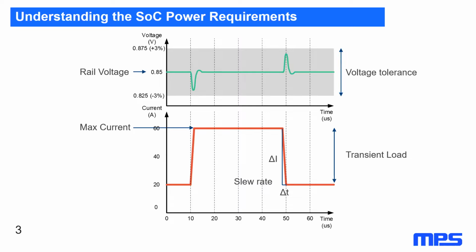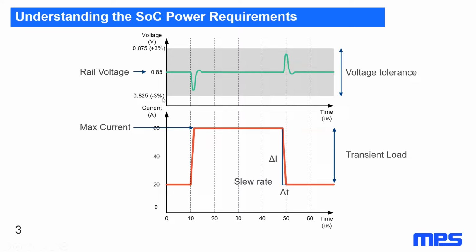And at the end, we got the voltage tolerance. So when the current is changing, our controller will try to keep regulation on our output voltage, but it always has some undershoot and overshoot. We need to keep those within the voltage tolerance, but not only that, we also need to account for the converter accuracy.